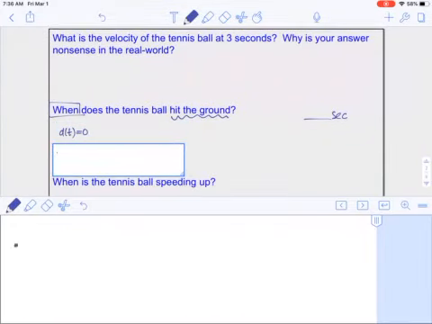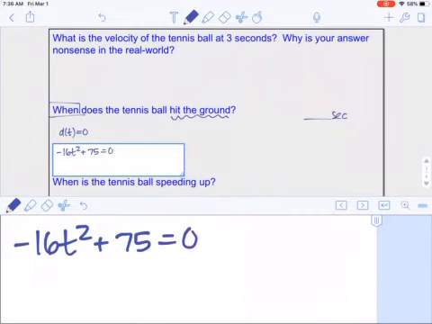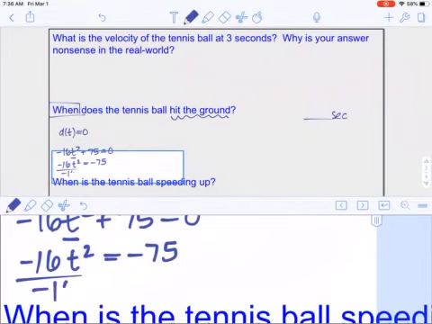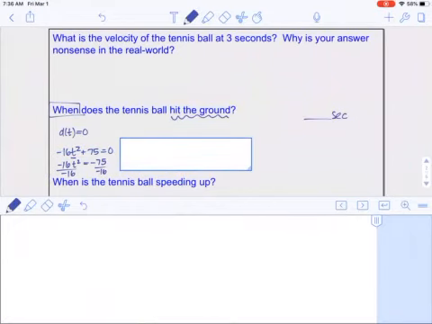I have a position equation, and I can easily solve this for 0. You could factor, but because there's a t in only one spot, I can just solve algebraically. If I subtract 75 from both sides, I get that. Then if you divide both sides by negative 16, I'm back to being positive. So t squared equals approximately 4.6875.